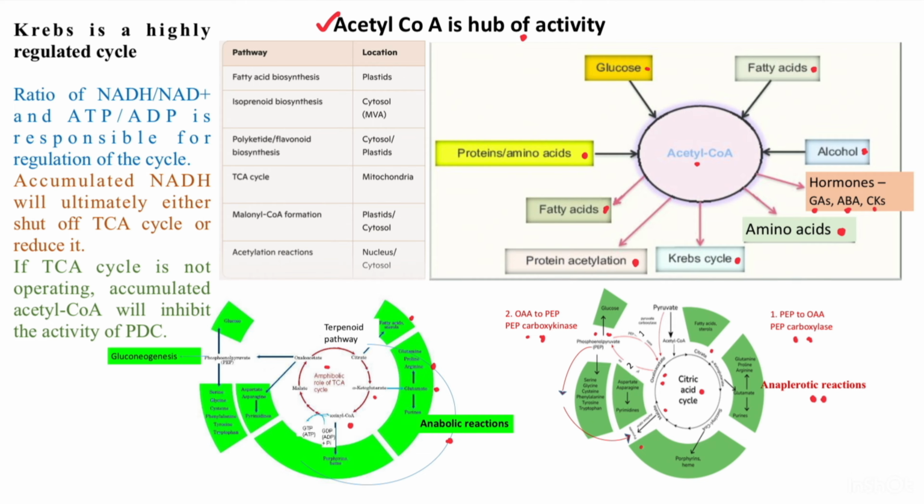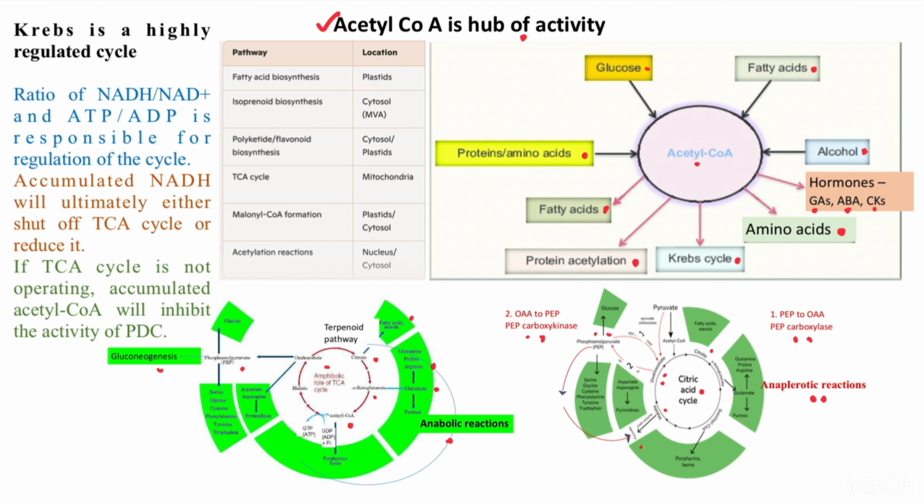But if you take away alpha ketoglutarate as an intermediate from the Krebs cycle to build up amino acids, it is an anabolic reaction. Similarly, citrate builds up fatty acids, and PEP is for synthesis of sugars through gluconeogenesis.